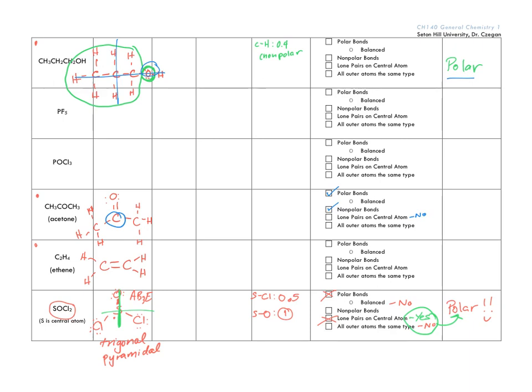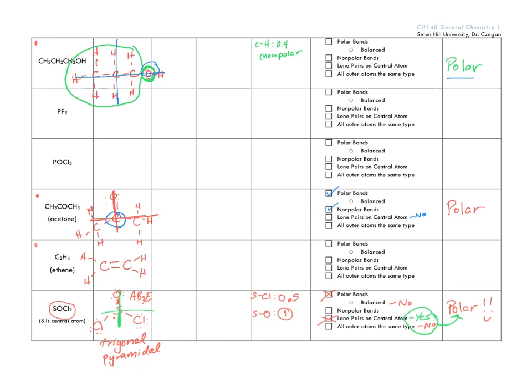Polar or nonpolar, what are you thinking? All right, so if I cut it in half this way, it's the same on both sides. But if I cut it in half this way, it's definitely not. I don't have anything to balance that oxygen. So acetone is polar.